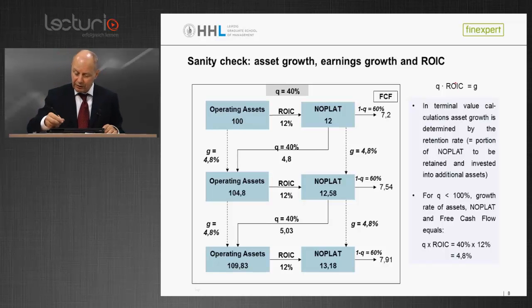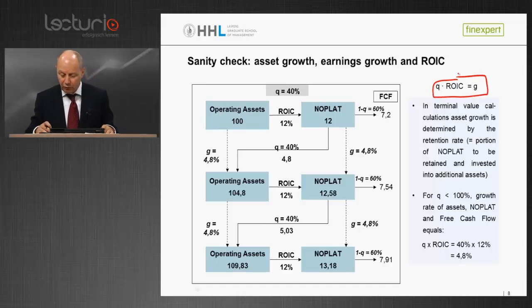The basic idea is that we may decompose the growth rate into Q, which is the retention rate driving the assets growth, and the rate of return, which is then linking the assets growth with the earnings growth, and which we will see implies an additional backwards loop, that both assets and earnings grow at the same rate. So here is an example.